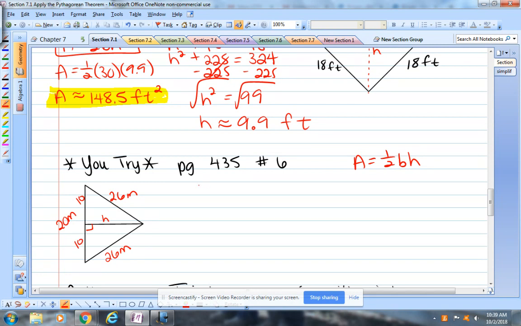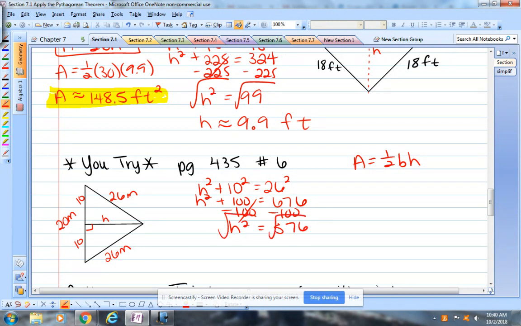All right. So you're going to say h squared plus 10 squared equals, what's 10 squared? What's 26 squared? And then you subtract 100. Did y'all approximate? 576, right?